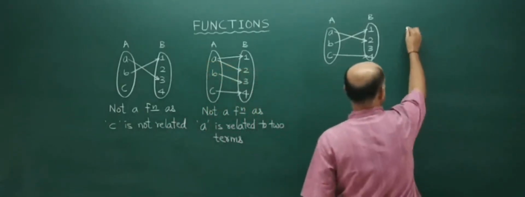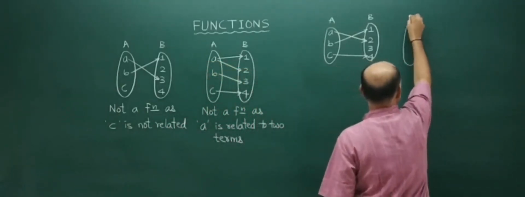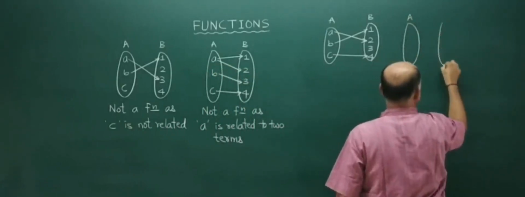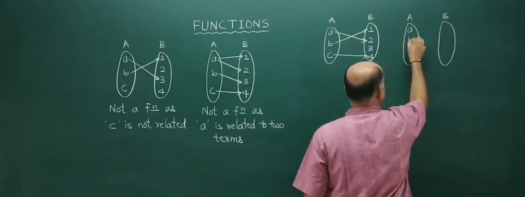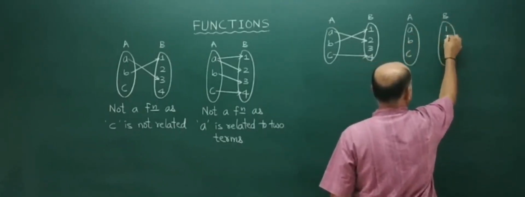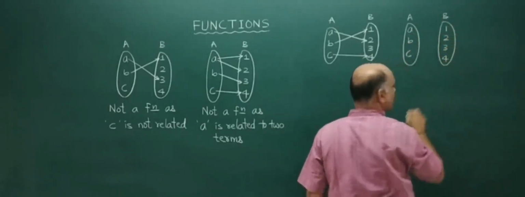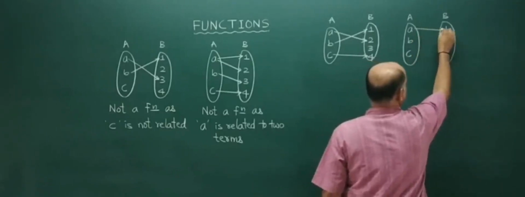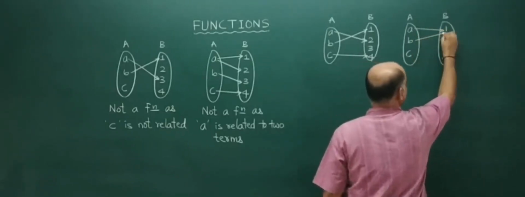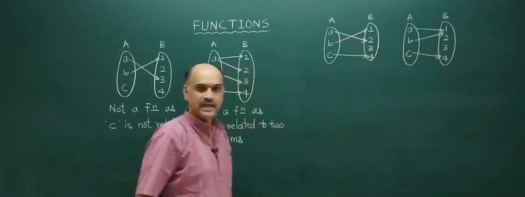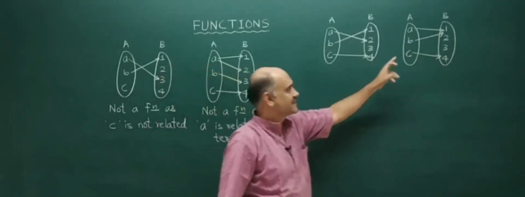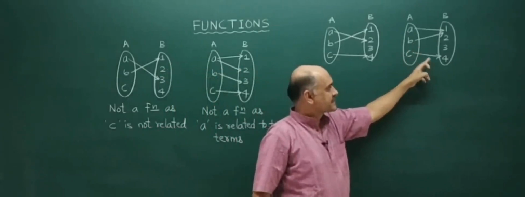Or you may even say in this form: A, B, C, 1, 2, 3, 4. So A is related to 1, B is related to 1, C is related to 4.